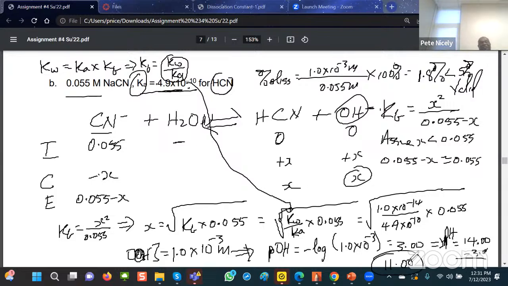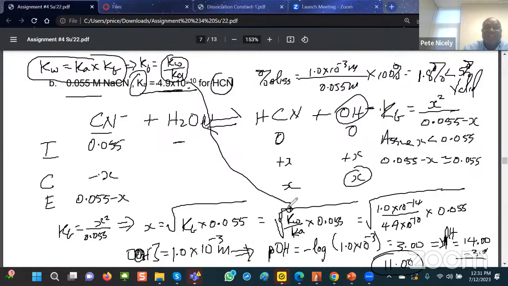All right. So this one is a bit more complicated because you're given a compound which acts as a base, but we don't know what the Kb value is directly because we do not have that information given to us. But we're given the Ka value, and based on this relationship right here, if you know the Ka value, you can easily calculate the Kb value because Ka times Kb is equal to Kw.